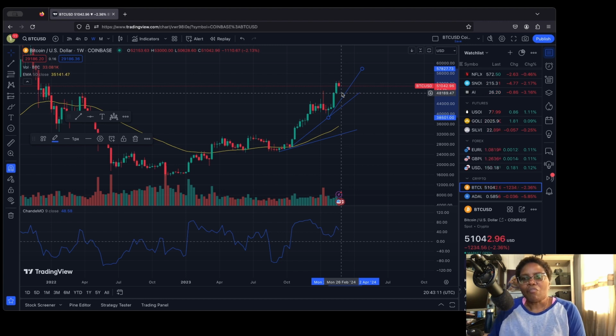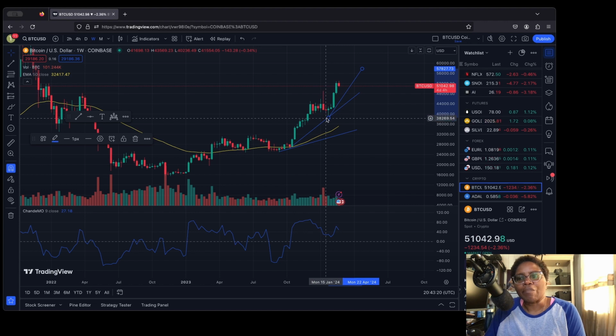So it is conceivable, like here, where it came up and hit 48,000, and then it came back down here to 38,000. So that's like a $10,000 difference. So the high here is 53,000.